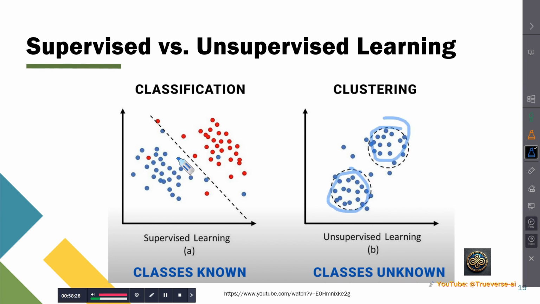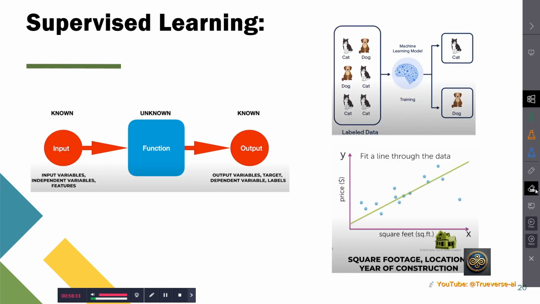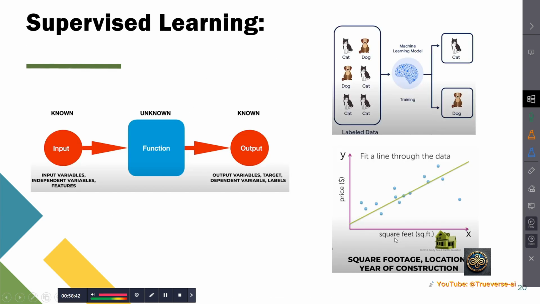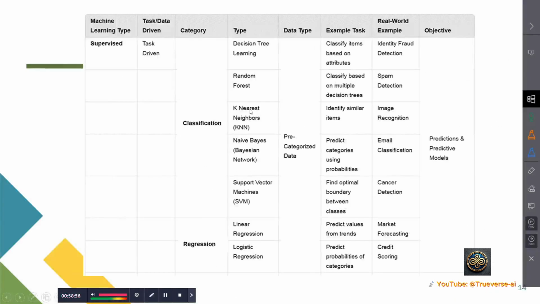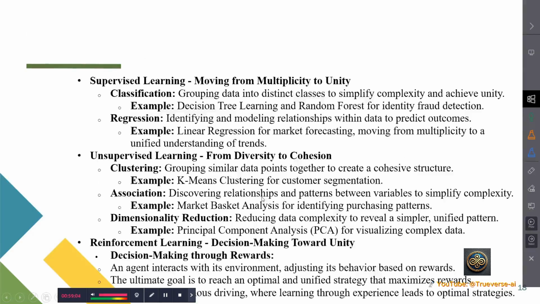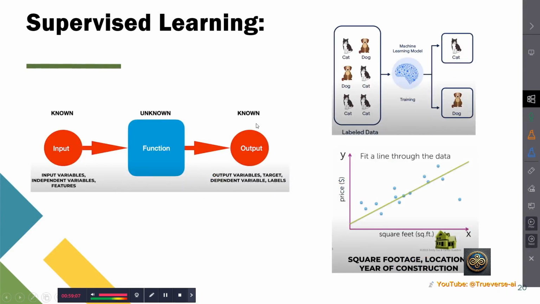But here, when we say supervised classification and unsupervised classification, we have known data. Using some learning technique, this function is this one. All of these algorithms are functions. So through this one, we come to something known.